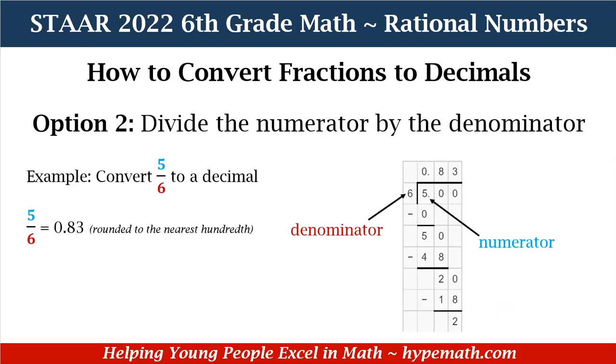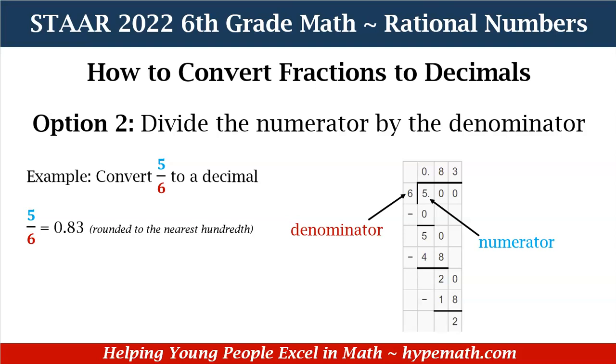Now, if you don't have a 10, 100, or 1000 in the denominator, the next way we can do it is dividing the numerator by the denominator. So in our example, we convert 5/6 to a decimal, and we're going to round to the hundredths place.